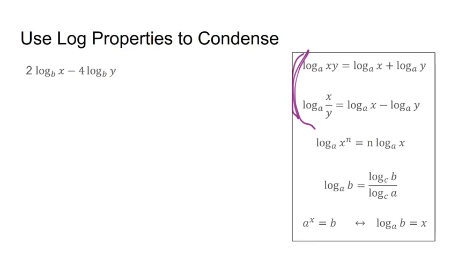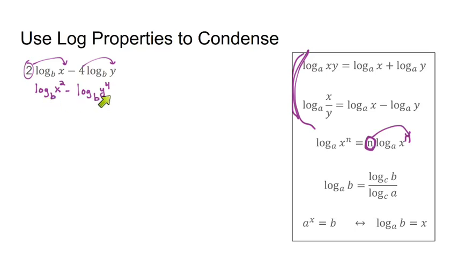If I have that coefficient next to my log, it's the same as not having the coefficient but making that coefficient an exponent. In other words, I can take that and move it up to an exponent. Let's do that for both of these before we jump into anything else. So this left term can become log base b of x squared. Notice I just took that 2 and made it an exponent, and I'm going to subtract log base b of y, and I'm going to make that to the 4th power.